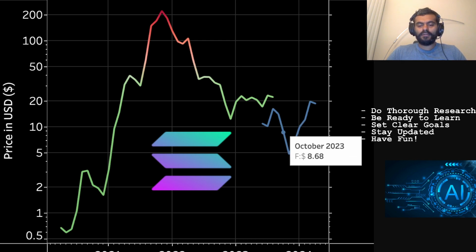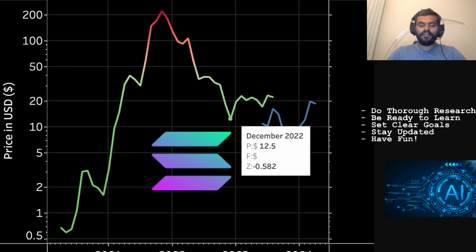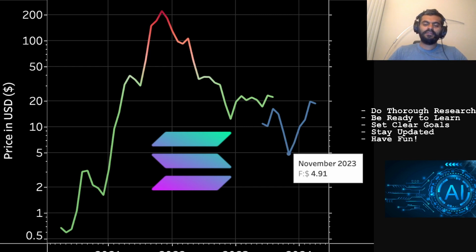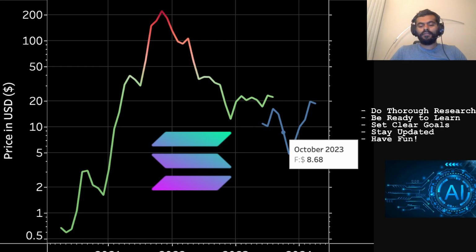For September it was 14.5, but we didn't see any recession related major risk. But if, let's say, in November we do encounter that, then per the AI model, in that recession related or bear market related scenario, the forecast for Sol is at around $8.70, which is substantially lower than the December 2022 valuation.